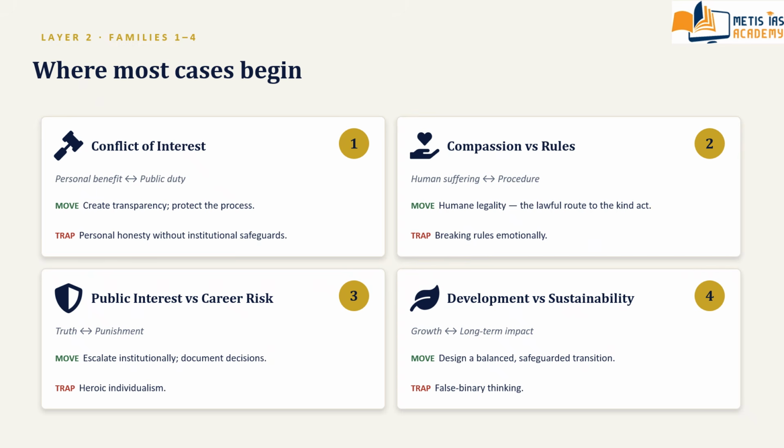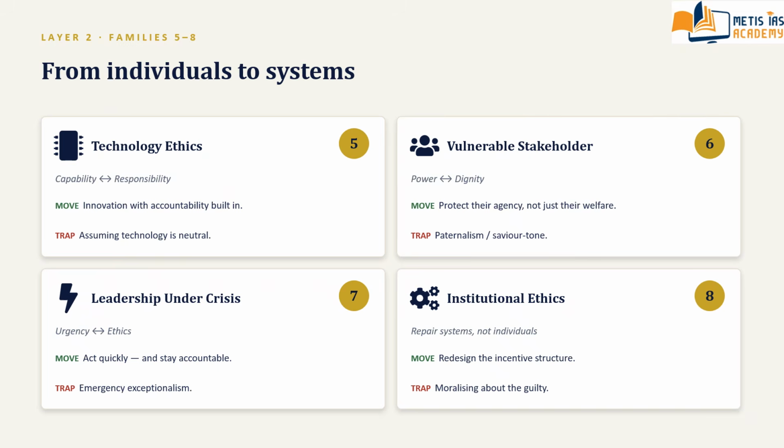Then we are going to family number five, that is technology ethics. This is the most important thing nowadays. This is a recurring theme asked by UPSC in 2024 and 2025. What should be the pattern here? Capability to responsibility, responsibility to capability.